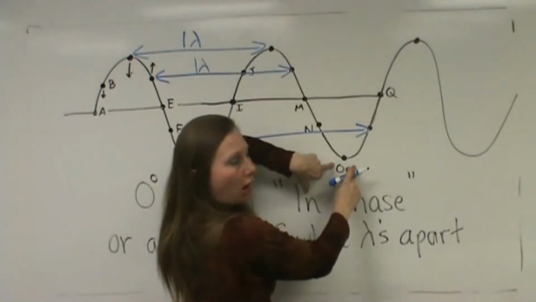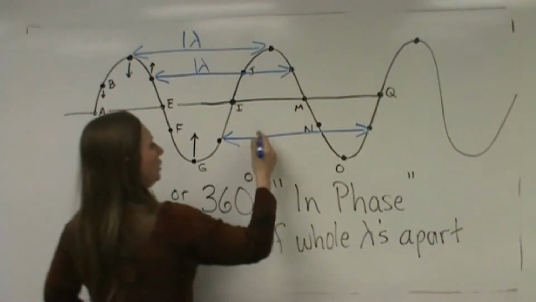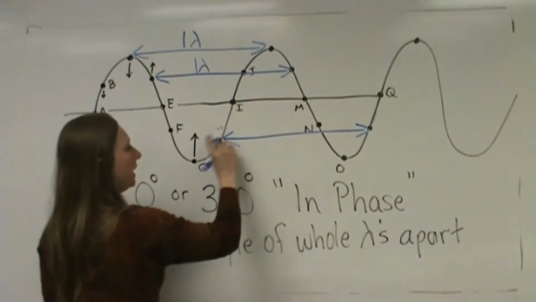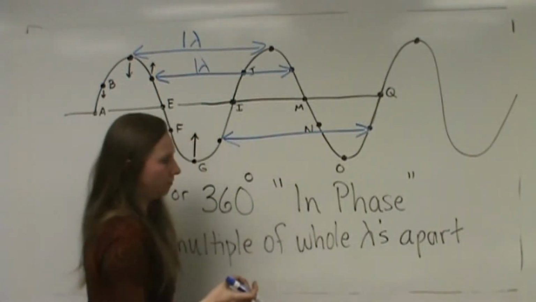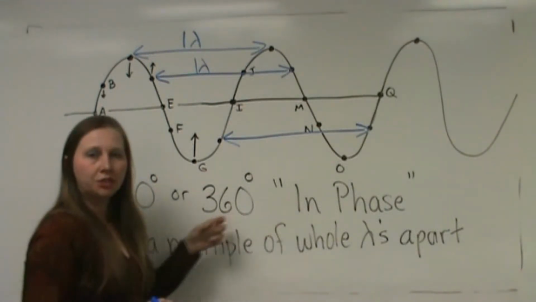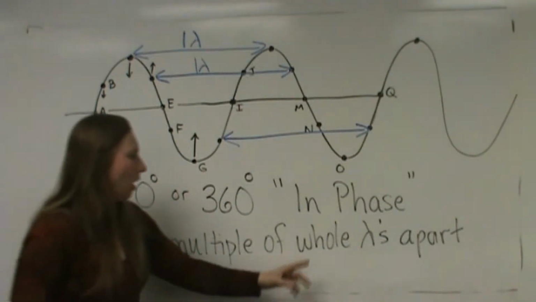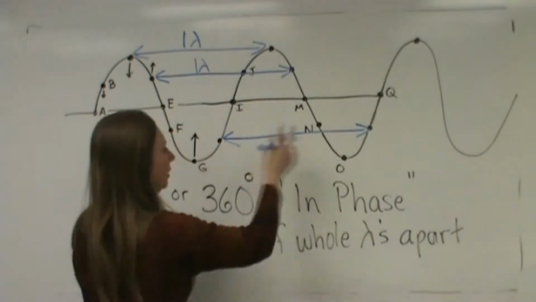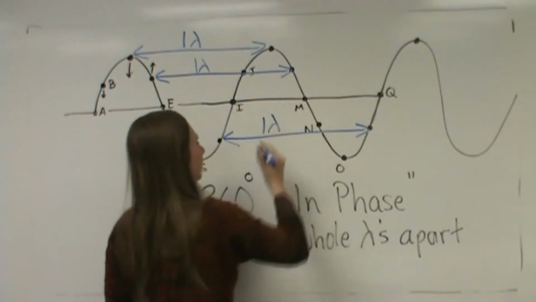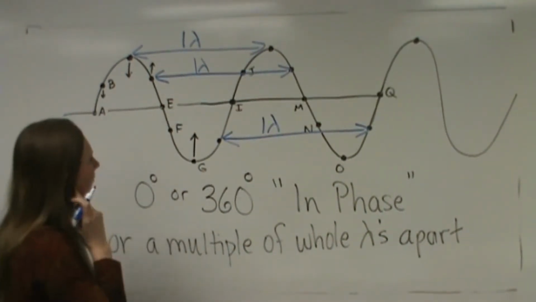Here's O, the trough. P is just after the trough. So H and P are in phase. They are 360 degrees apart. That's another way to say in phase, or 0 degrees. And they are exactly one wavelength apart.